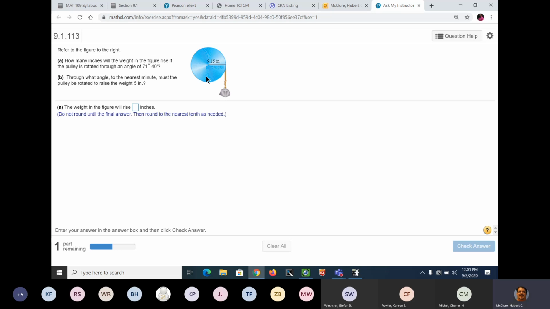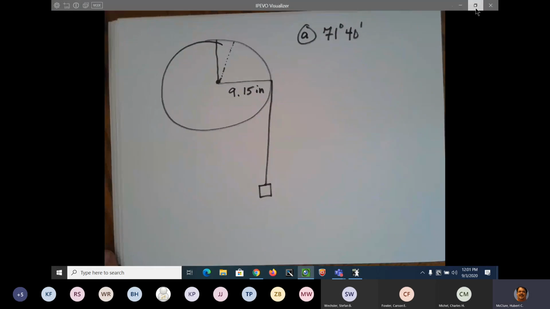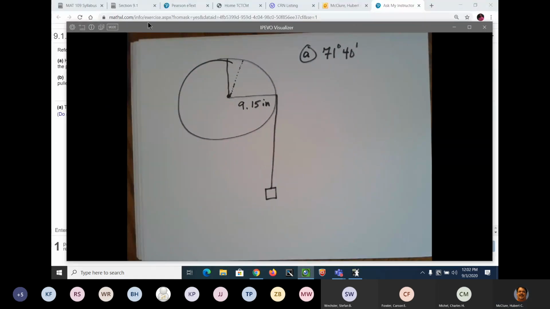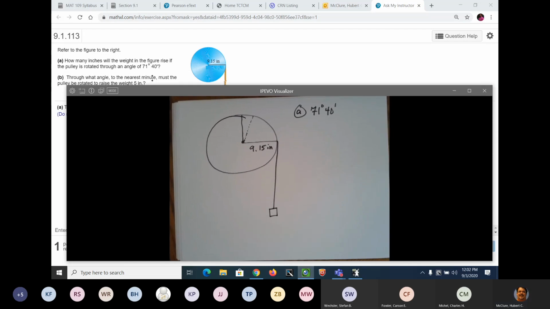A is equal to 71 degrees, 40 minutes. And 71 degrees is less than 90, so it's going to be something like that right there. So there's my drawing.